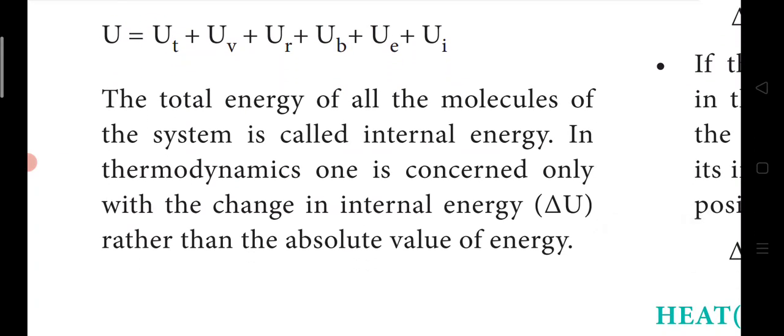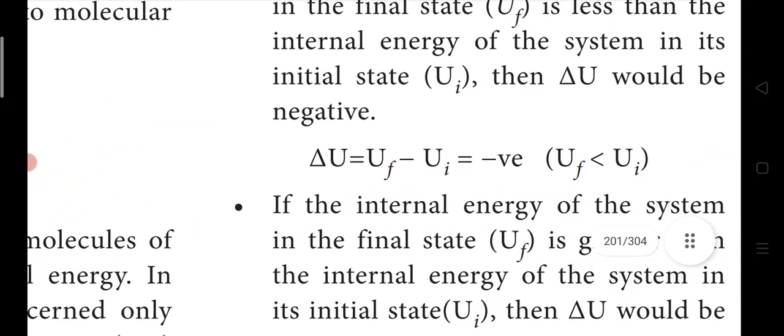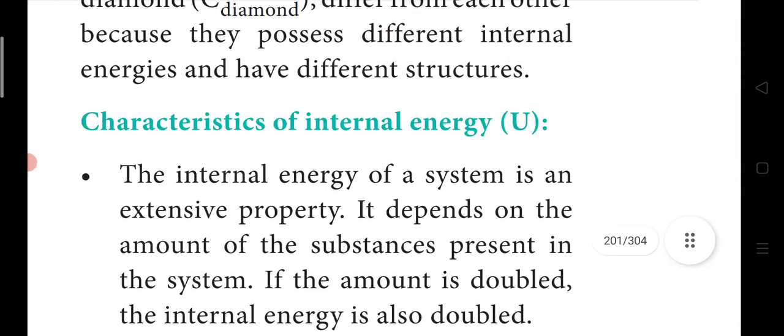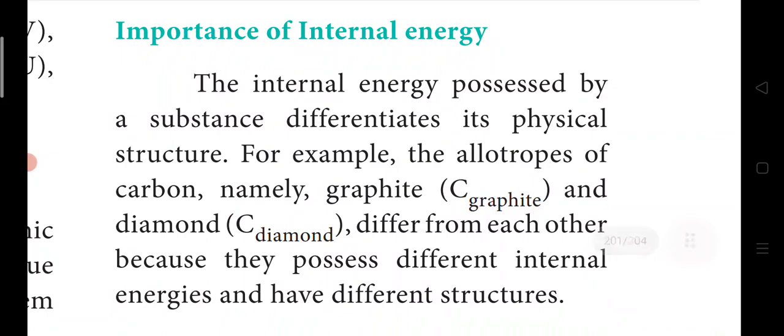In thermodynamics, one is concerned only with the change in internal energy rather than the absolute value of energy. So what will we consider? We will consider the change in internal energy. What is the importance of this internal energy? The internal energy possessed by the substance differentiates its physical structure.